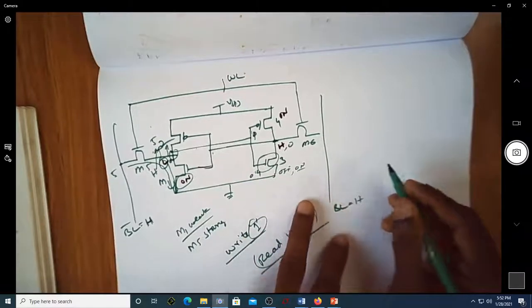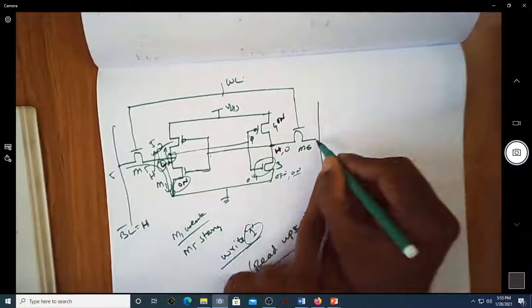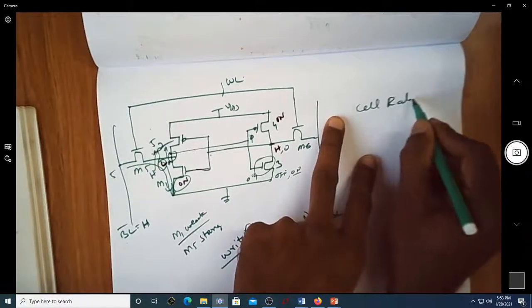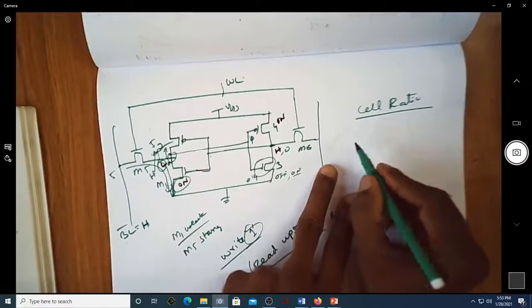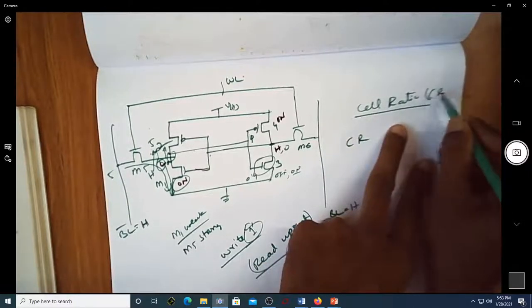For that, let us understand a ratio called the cell ratio. Let me write it as CR.